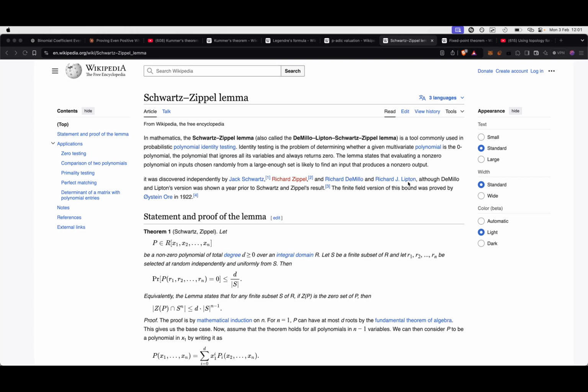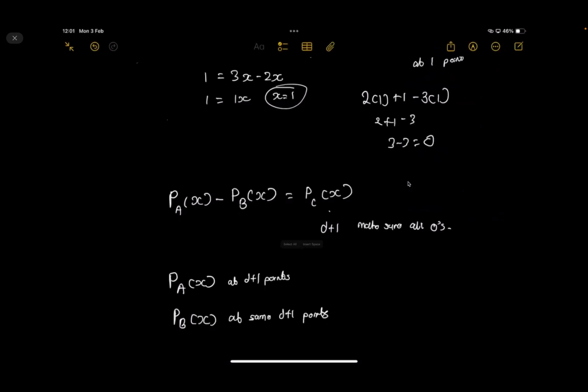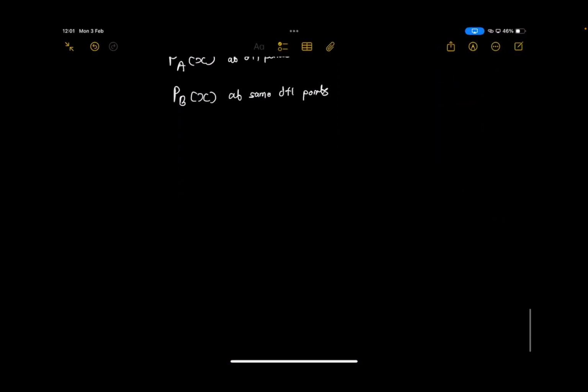Yes, that's zero, but that's just one polynomial. They're the same though in our case. So anyone that has the same values at more than D points, that means they're the same. Exactly. If you have two polynomials and they evaluate to the same value at more than D points, then those two are the same.